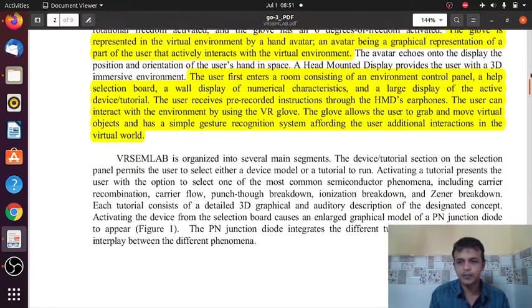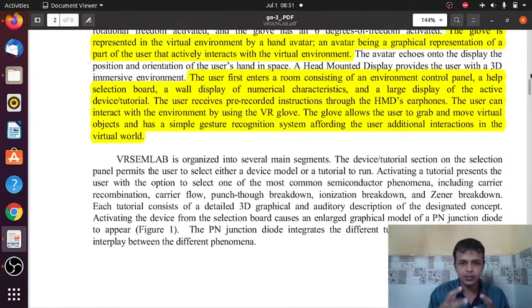So here, the viewers wear a head mounted device, and in the head mounted device there appears a big hall. They enter into the hall and they can see a large PN junction diode, and the PN junction diode has all the charge carriers. They can see them virtually from any angle, so they can move around the PN junction diode, that particular semiconductor device, and view it from any angle.